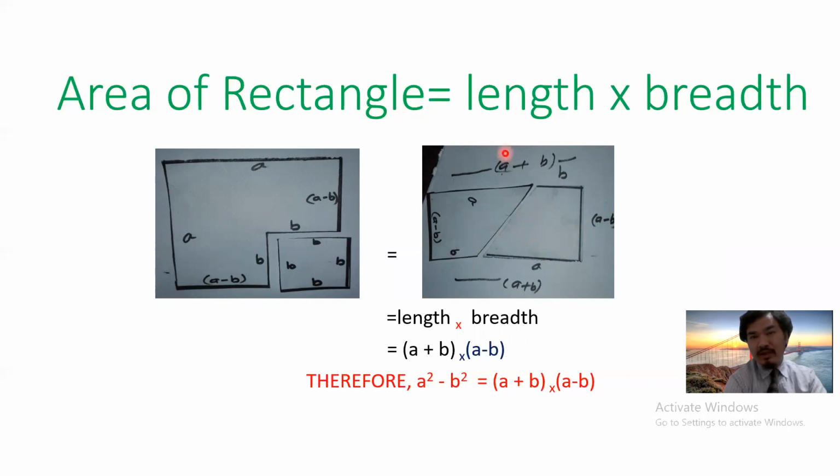By this we got length A plus B and breadth A minus B. Its area is length into breadth, that means A plus B into A minus B. Therefore it is written A square minus B square equals A plus B into A minus B. Like this, we explained A square minus B square geometrically. I hope you all understood this.